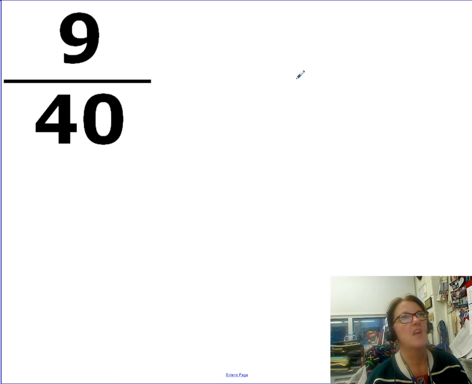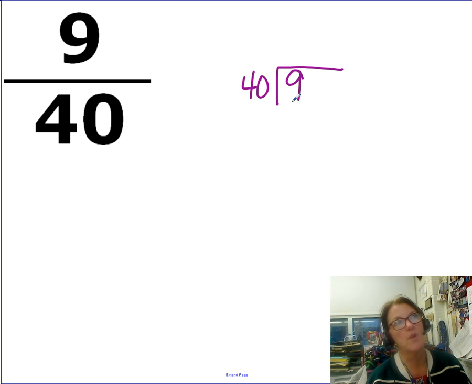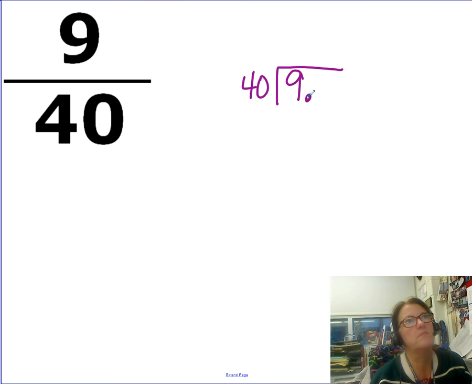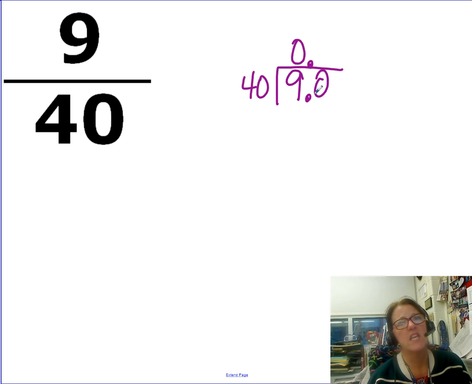9/40. Read it like this. Instead of saying 9 over 40, say 9 divided by 40. And then the numerator will automatically get put inside your division bar. Get your decimal point there. 40 into 9, no. Add a 0. 40 into 90, yes. 40, 80, just twice.